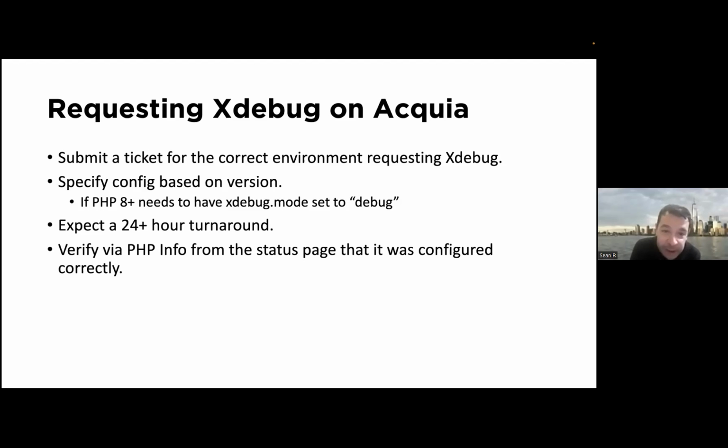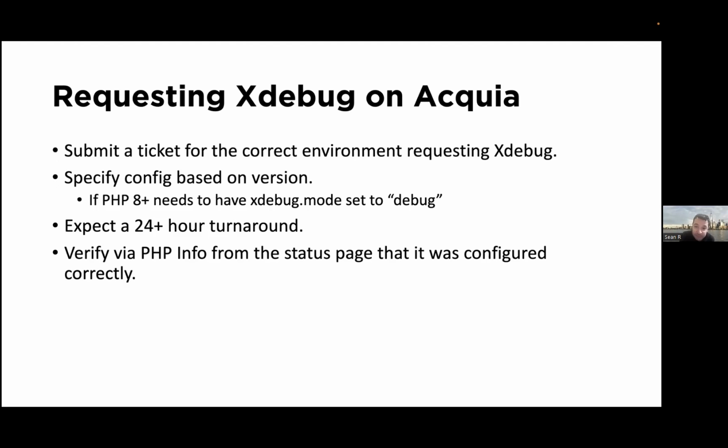So PHP 8 needs to have xdebug.mode set to debug. Unfortunately, a number of times when they've done this for me, they left it with the develop setting, which won't allow you to connect. So it is very important to request that explicitly.